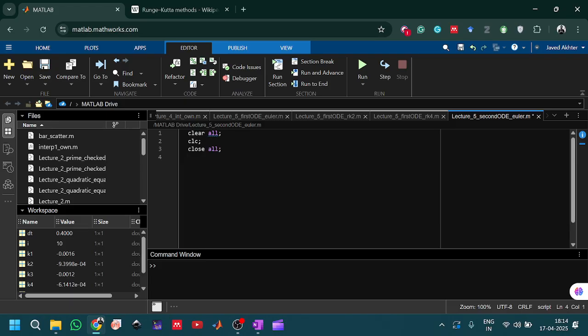Okay, so let me proceed. We will again define the time step here, maybe 0.1. Then we will have this T array, which starts from 0, step size will be dt, and you will go up to, let me just write it small t.